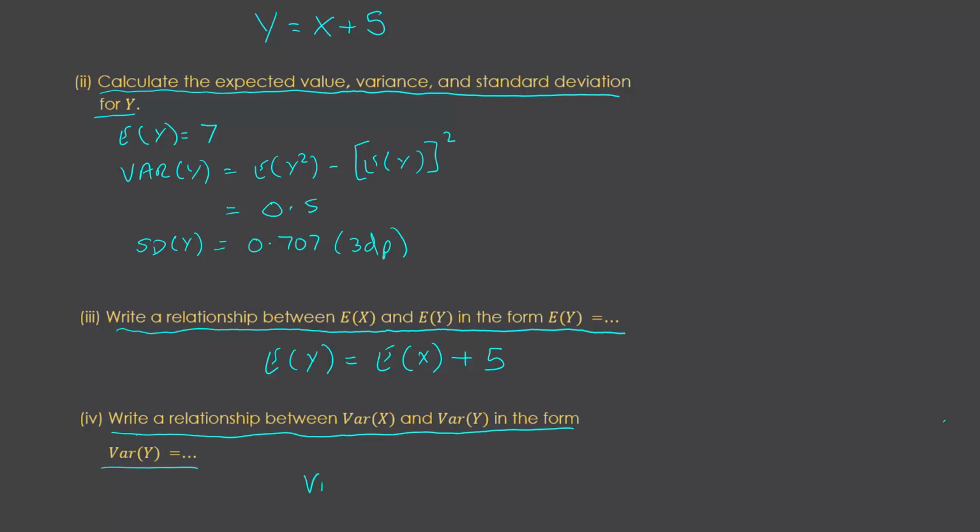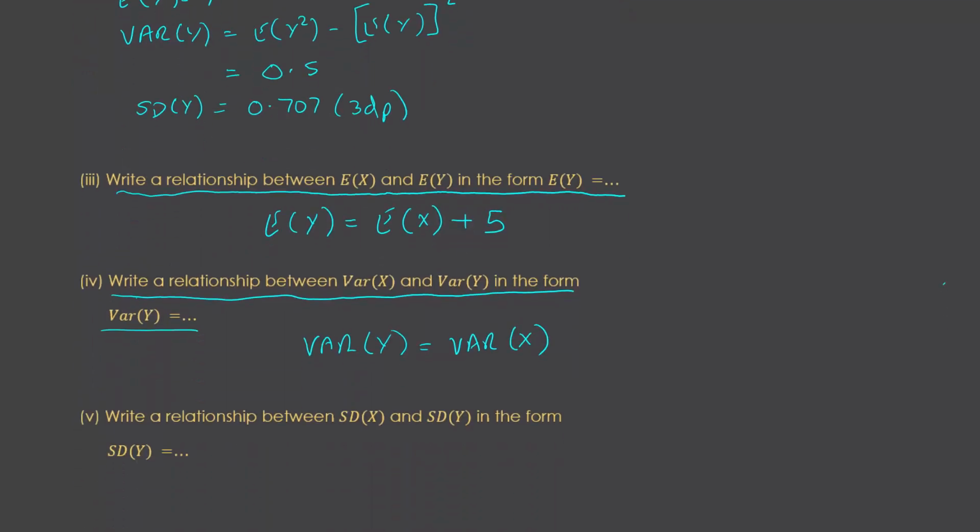Well, they were the same. So var y is equal to var x. Write a relationship between sd x and sd y in the form sd y equals. Again, they were the same. So sd y equals sd x.